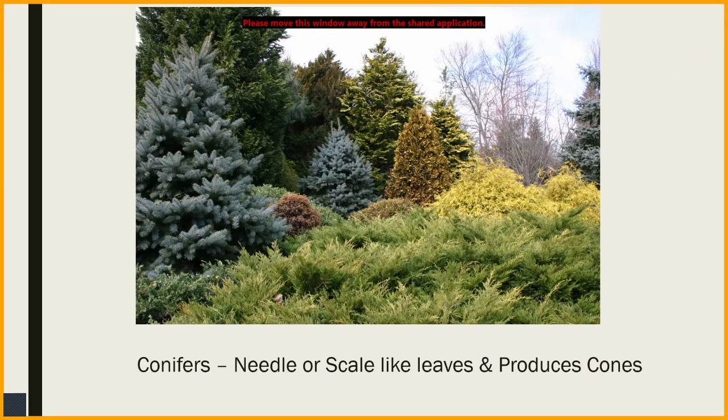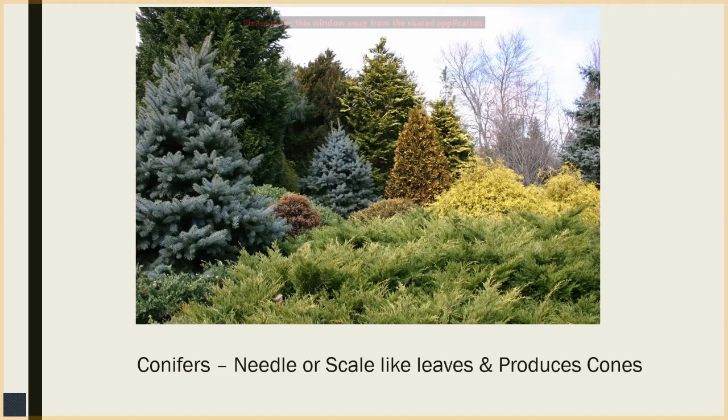And I'm going to put a little bit of an emphasis today on some of the conifers because I think a lot of times they get overlooked, in a sense, because they don't produce the beautiful flowers and the edible fruits or any of that kind of thing.